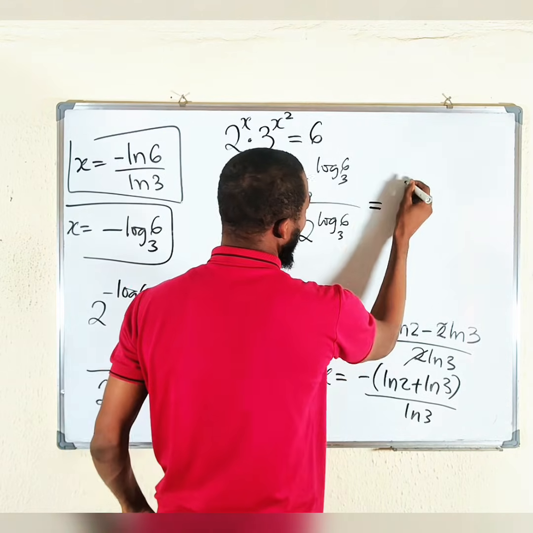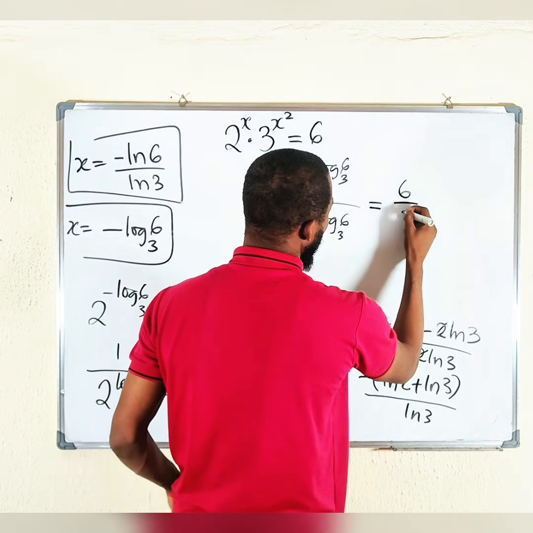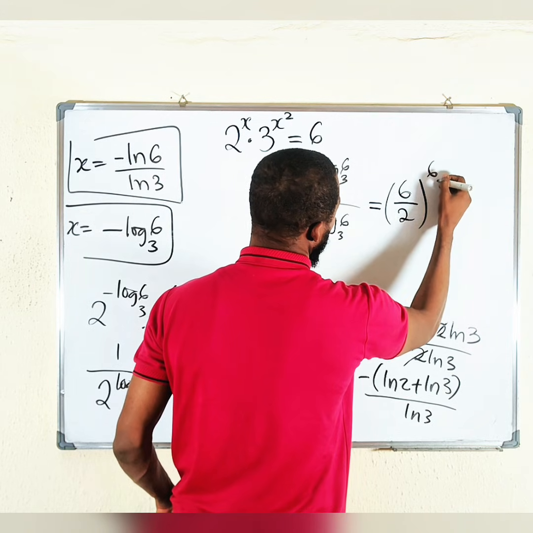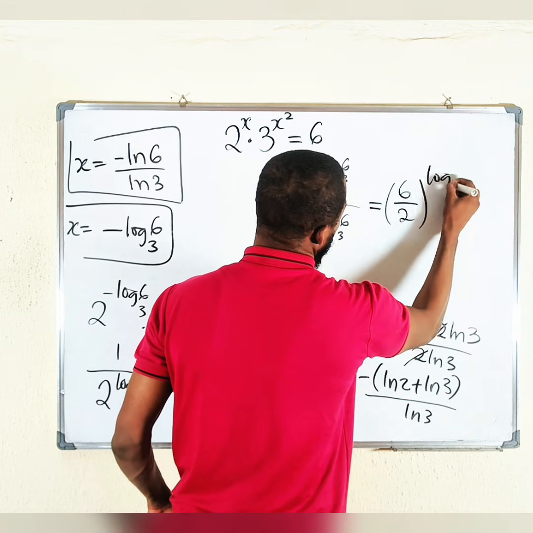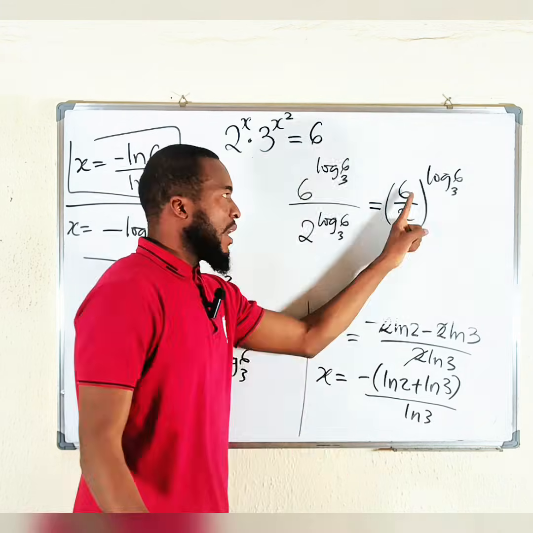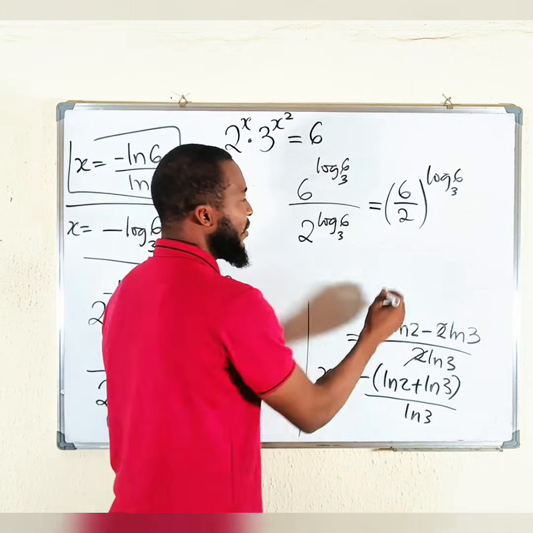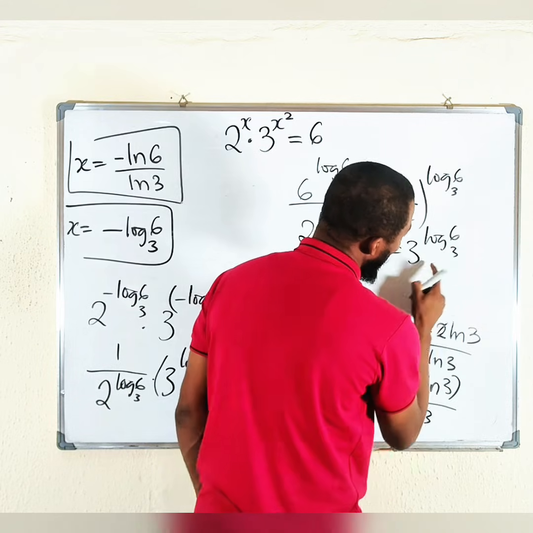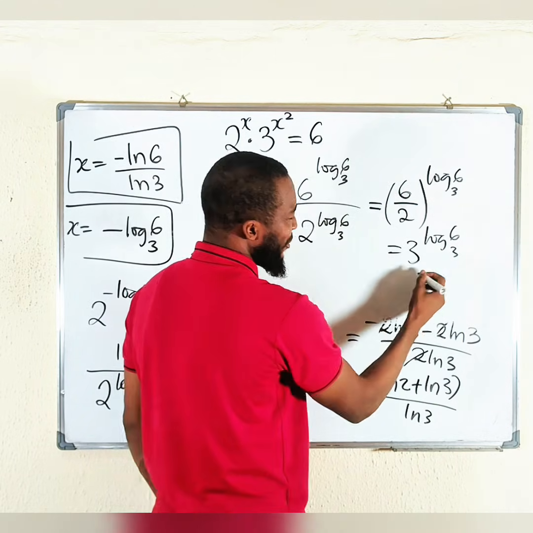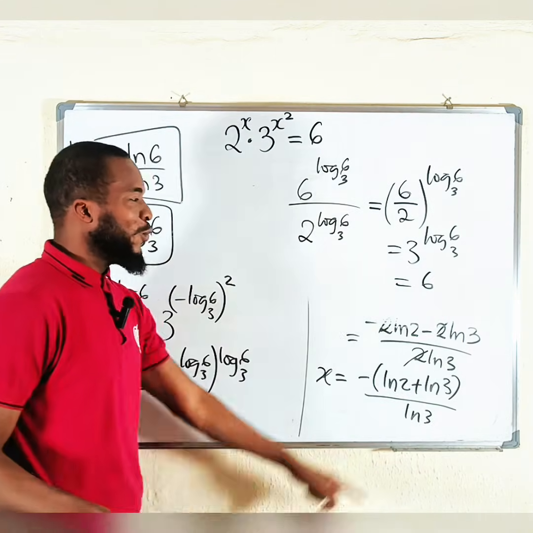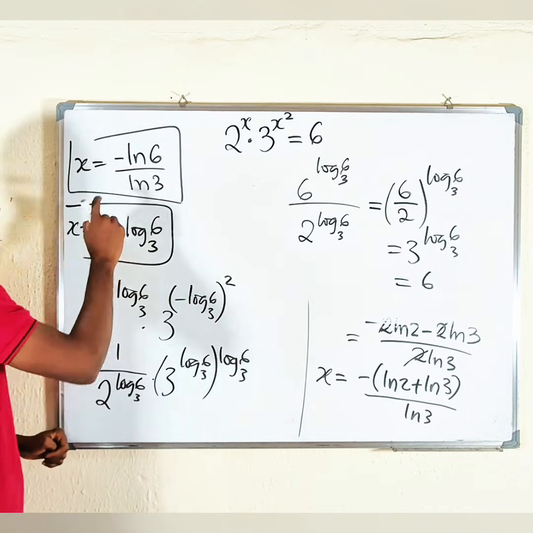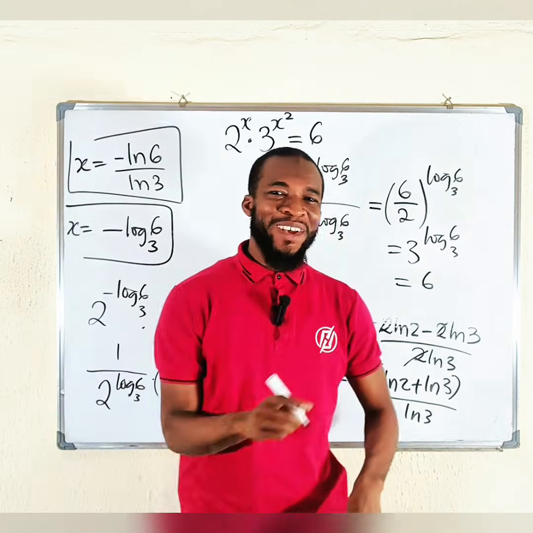Since they share a common exponent, you can give them a single exponent, just like this: log of 6 base 3. And 6 divided by 2 is 3. So this is 3 to the power of log of 6 base 3. You can see that the bases are also the same, so this is equal to 6. Yes, we have shown that it is equal to 6. And therefore, this is a solution. 1 is also a solution.